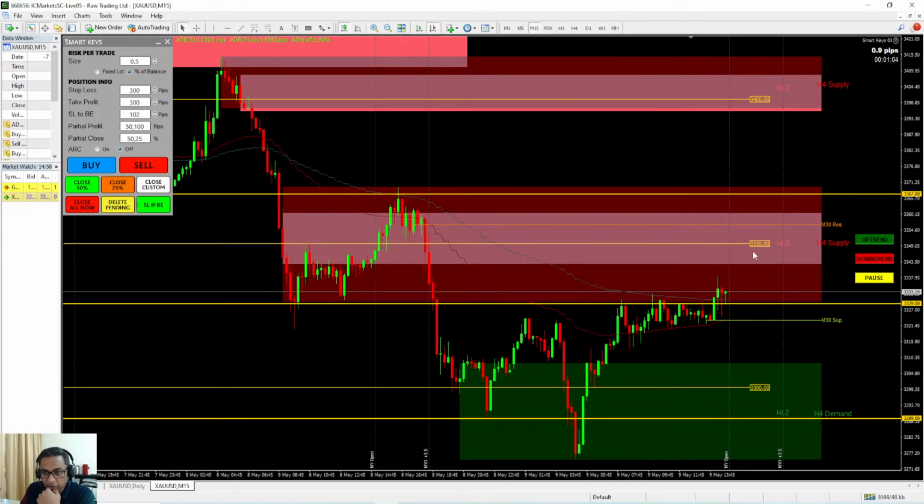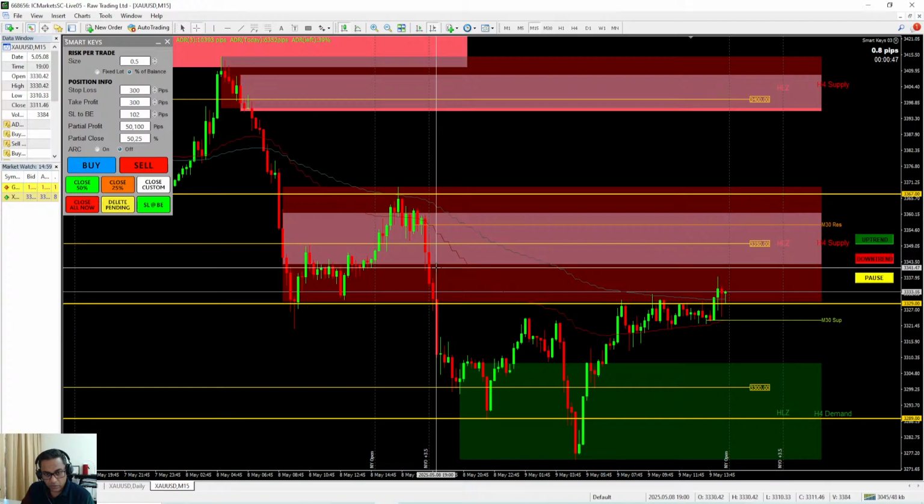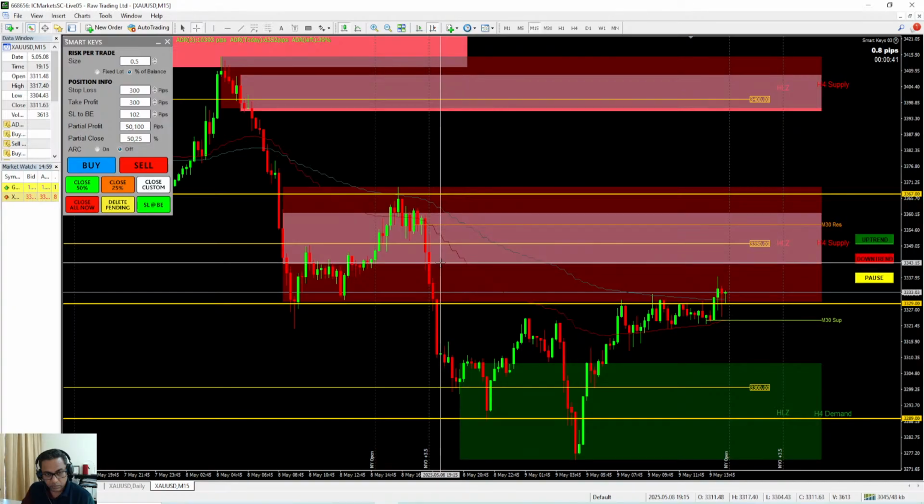Yeah, we're heading there. We're heading to this candle right here. Price should come up here, even 3350. That's where we're heading to. These candles are the same size, this one and this one.